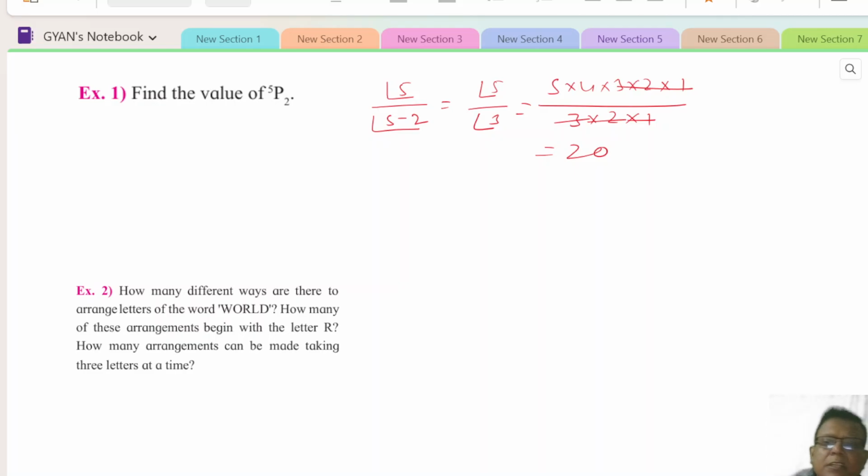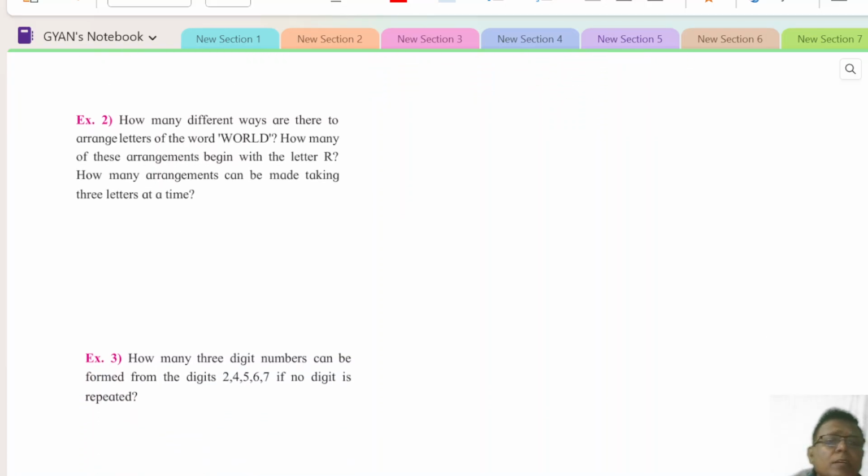Now come to the second question. How many ways are there to arrange the word? How many of these arrangements begin with R? And how many arrangements can be made taking 3 letters at a time?